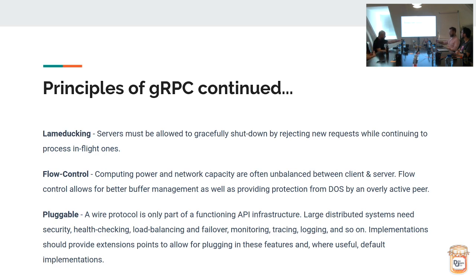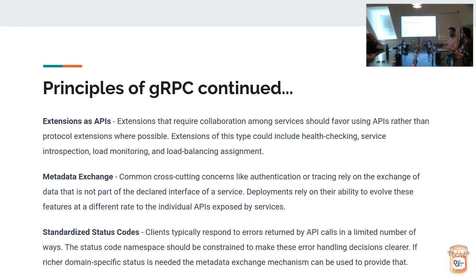Flow protection, we already went over it. Pluggable, I already went over it. Extension as APIs is the main idea: Google is delivering the whole gRPC stack, and you can do extensions wherever you want.